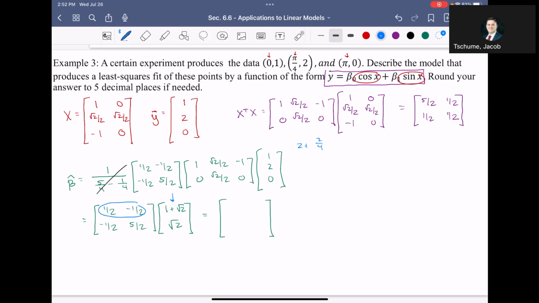All right, and you should get an answer. That's actually really nice. That just comes out to be 0.5. So then double checking the other one, we're going to take this second row times the same column. So let's do this again. We're going to take 1 plus the square root of 2 and get that number, divided by 2 with a negative in front because it's a negative 1/2.